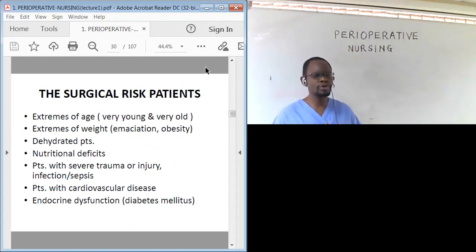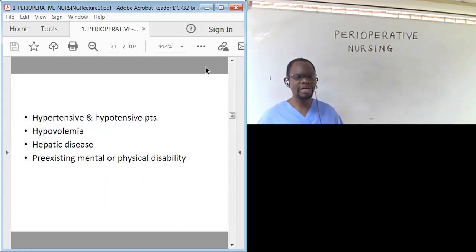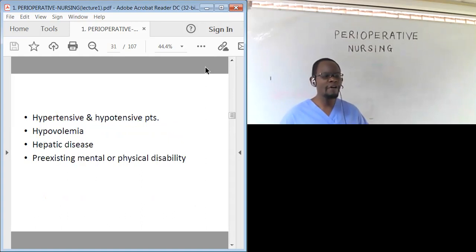People who have extremes of age, people who are either obese or emaciated, people who are dehydrated, people who have nutritional deficits, like for example the malnourished, people who have severe trauma, severe infection, people who have cardiovascular diseases, endocrine dysfunction, among others. Of course, the hypotensive, hypovolemic, people who have liver disease, and pre-existing either mental or physical disability.